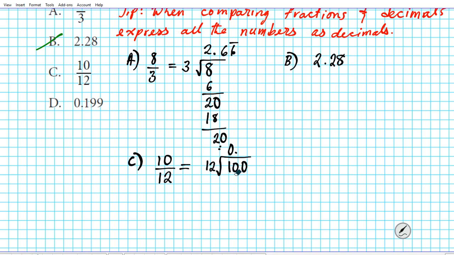How many times does 12 go into 100? If you do your multiplication tables, 8 times. 8 times 12 is 96. Subtract, you have 4. Now we can clearly see that in the ones place, option A has a bigger value. So option C is smaller than option A, and we eliminate that.